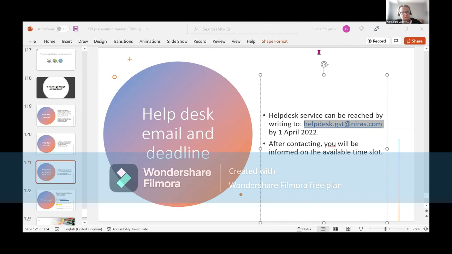Try to plan projects that are strategic also for your own missions within the organizations, and then hopefully we will see each other in a couple of months when the full application forms are going to be a topic of the training.